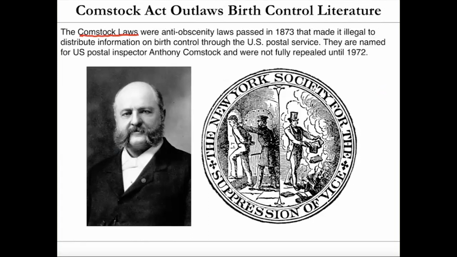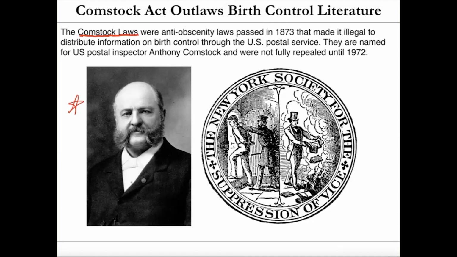So these were laws that outlawed literature being shared through the U.S. Post Office on birth control as obscene. This guy here, Anthony Comstock, was the U.S. Postal Inspector, and he was a fervent moral opposer of anything obscene, like sex toys and pornographic material and stuff like that.